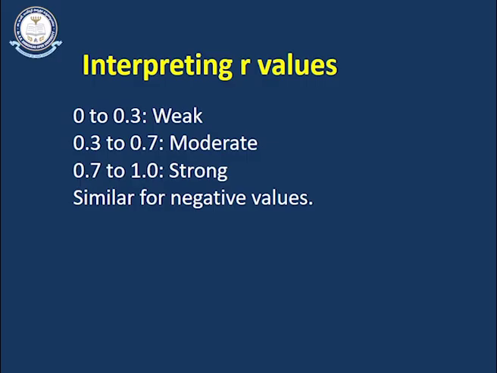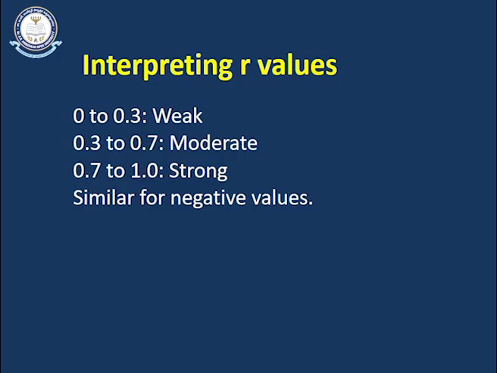Let us say that your r gives you a value between 0 and 0.3. What are you going to term it? You're going to call this relationship a weak relationship. And if you get r between 0.3 and 0.7, then you're going to say this relationship is moderate.